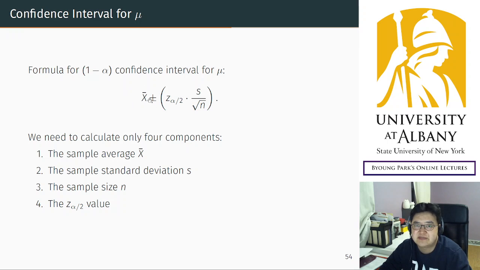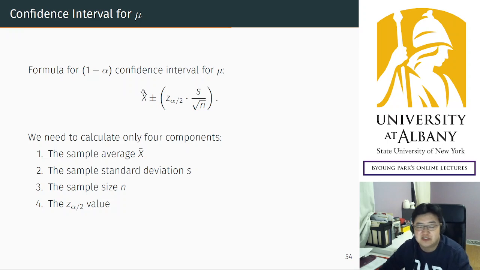We know that x bar is normally distributed, so using the normal distribution knowledge, we make an interval that contains 1 minus alpha probability, and then recover the margin of error according to that. And then in the end, the formula is pretty simple.